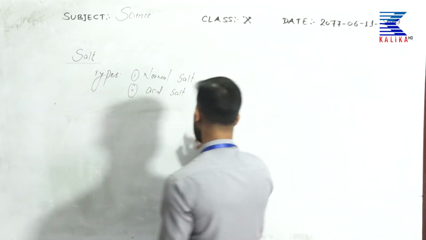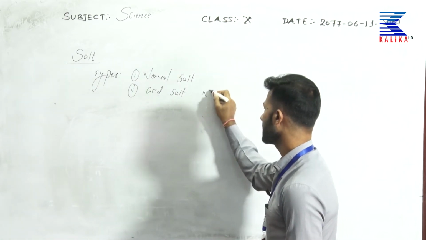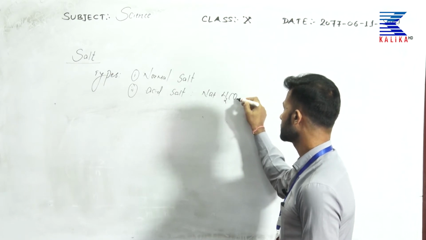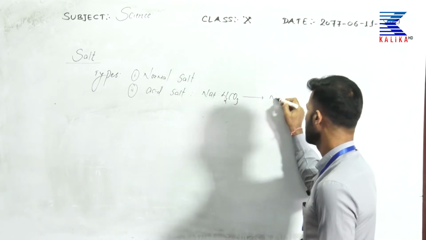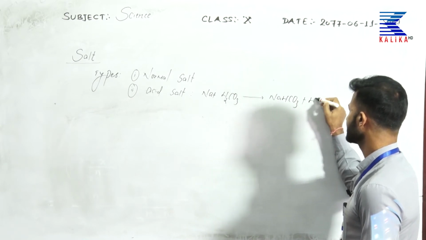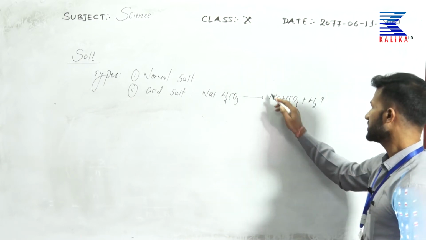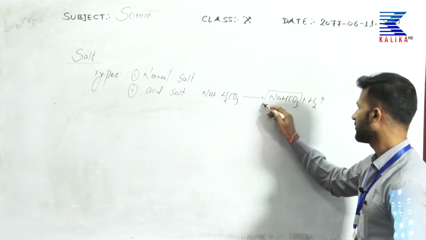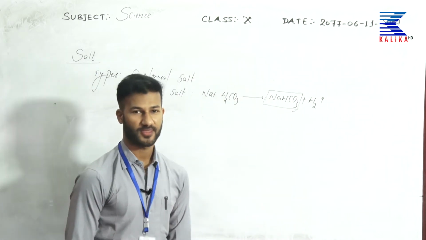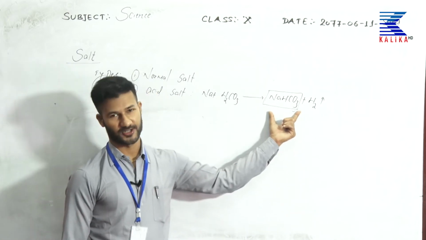One more time the same example. See here, Na plus H2CO3, NaHCO3 plus H2. Look at this chemical reaction. It forms sodium bicarbonate. It is acid salt.